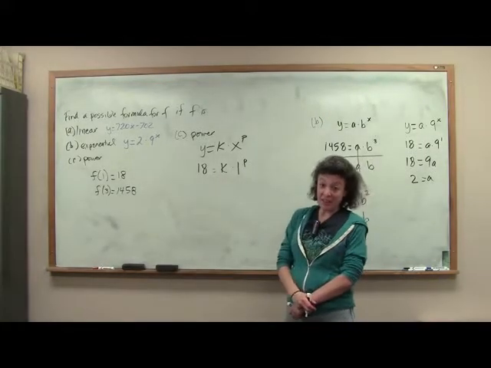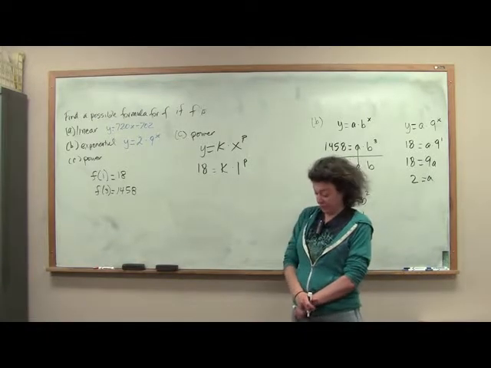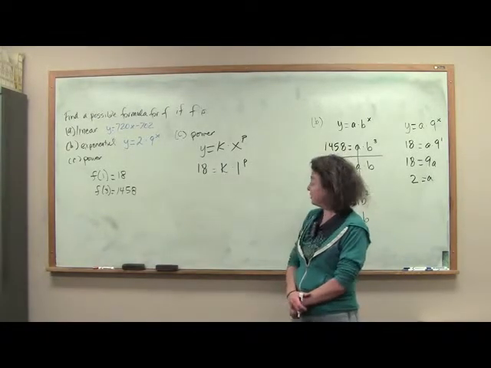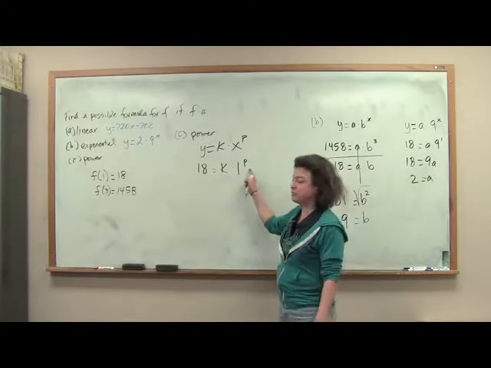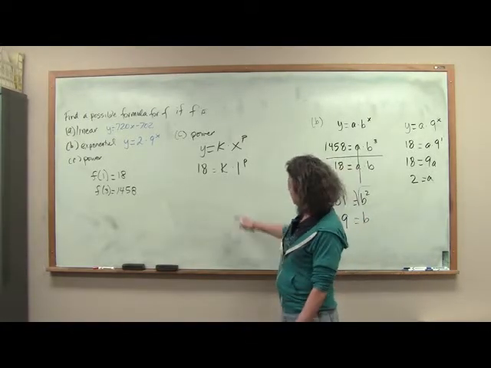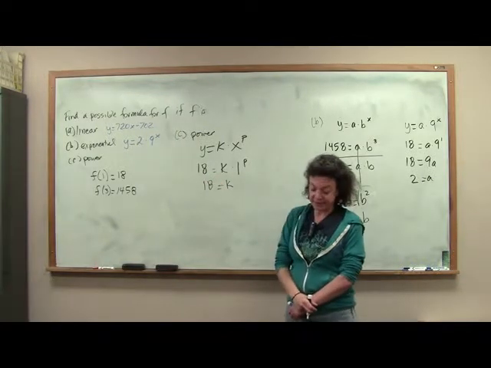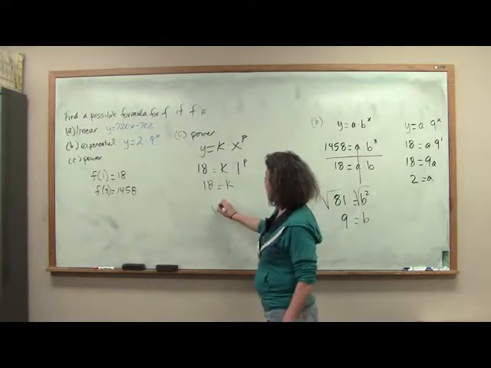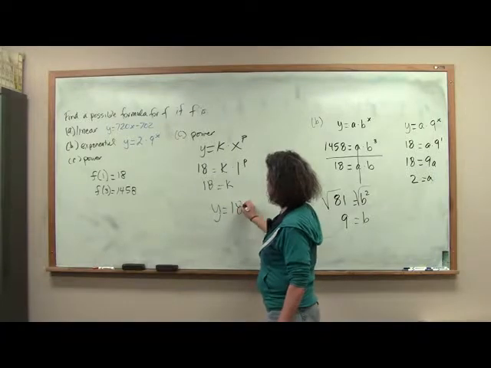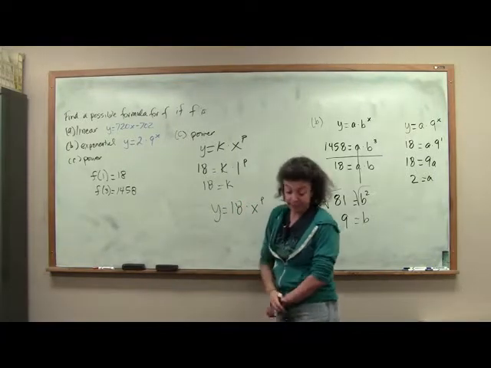Why did I just plug that in? Because we just covered our power functions very recently, and we saw that if you have a base of 1, plug it in, precisely because your y value is what your k is. So already I have 18 times x to the power of p.